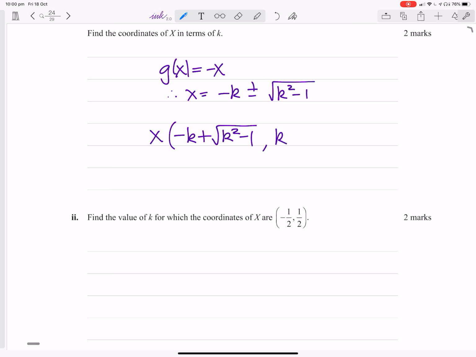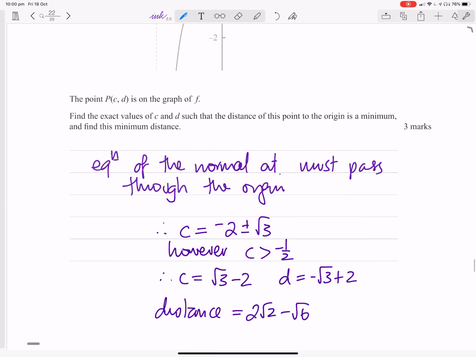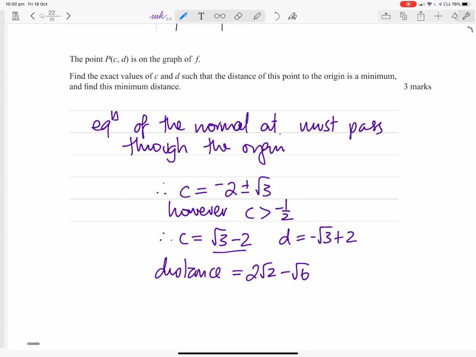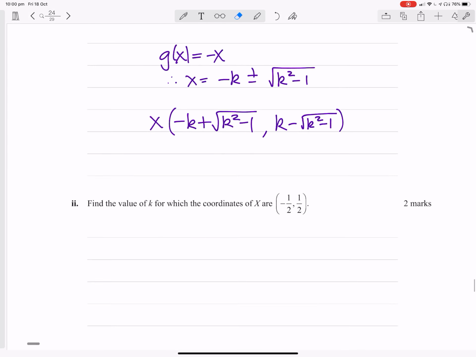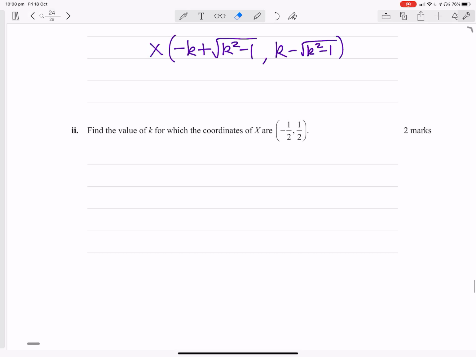That makes sense, because if you go back up here, they're the same thing but with switched positives and negatives. We've done the same here. Find the value of k for which the coordinates are negative a half and a half.